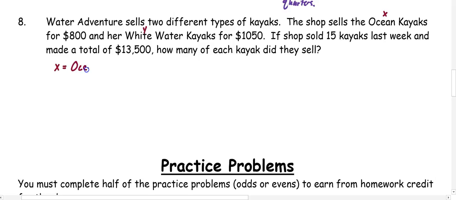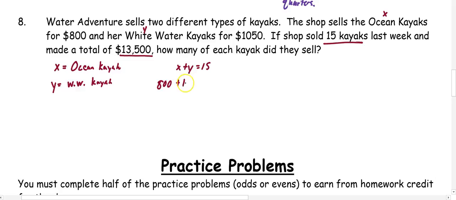So I know that they have 15 kayaks. So I'm going to say X plus Y equals 15. And they made a total of $13,500. So I'm going to put the price with each of my kayaks. So 800X plus 1,050Y equals 13,500.